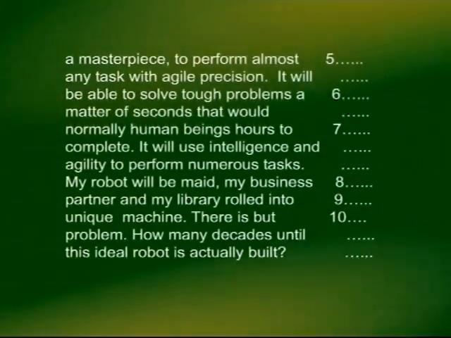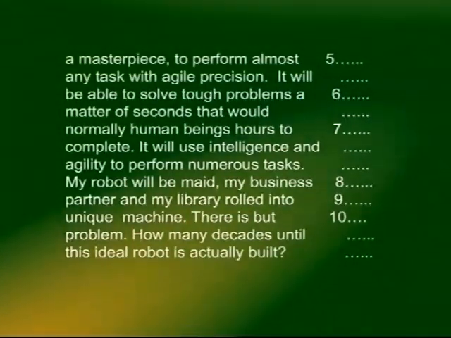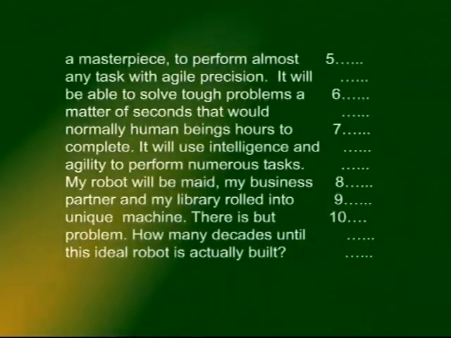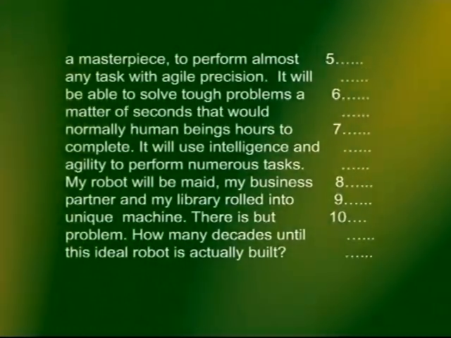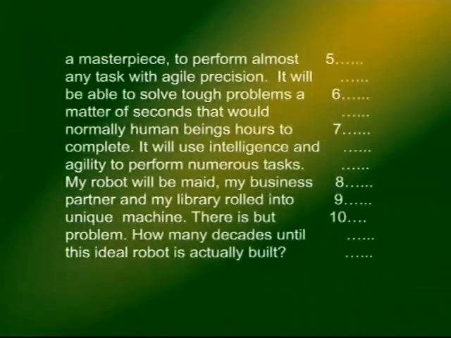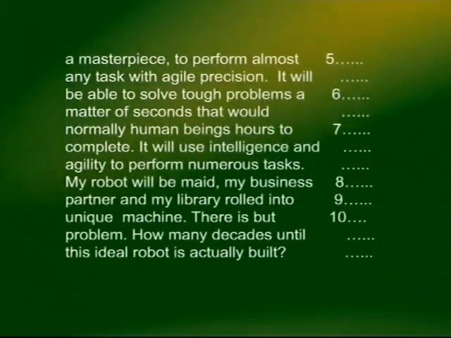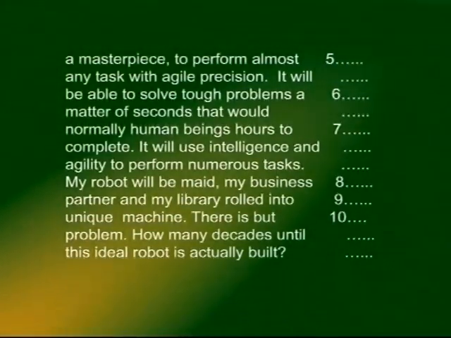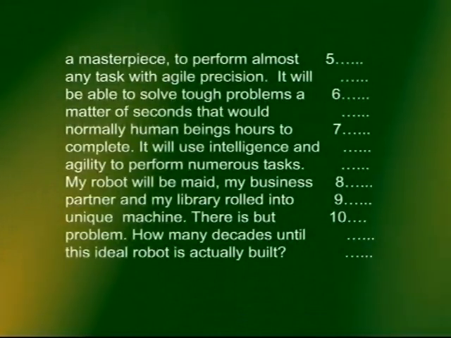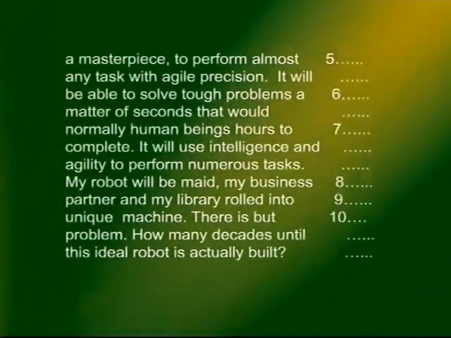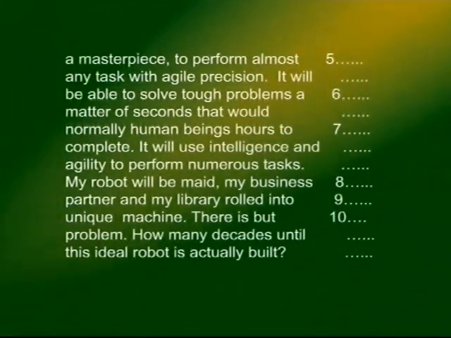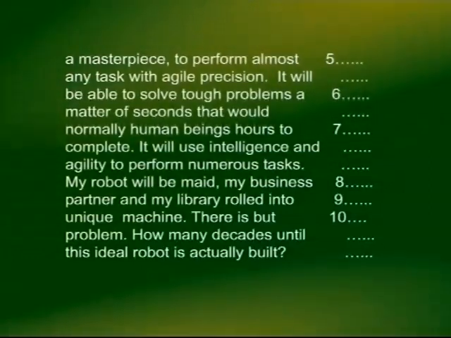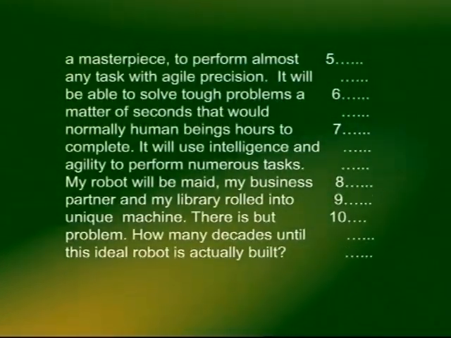My robot will be my maid, my business partner, and my library rolled into unique machine. Put a slash between into and unique. The word is a: rolled into a unique machine.